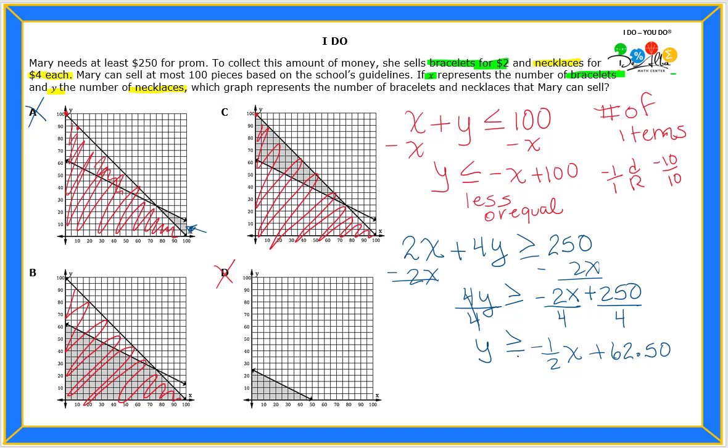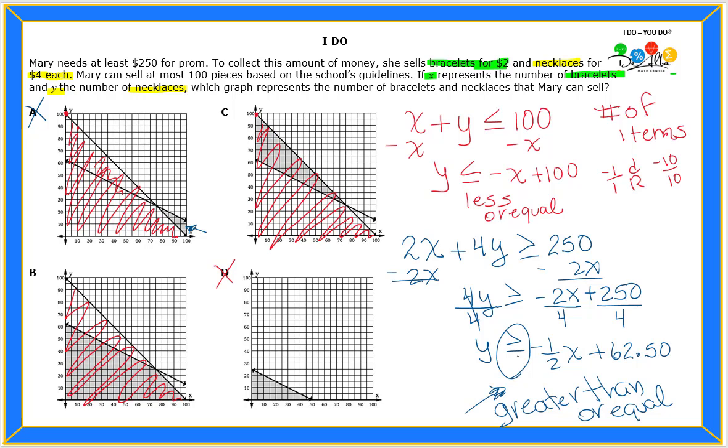Now the second one, both lines look exactly the same, right? They're both at 62.5. They're both negative, right? So what about if we look at the inequality sign, which is right here? So that means greater than or equal to.